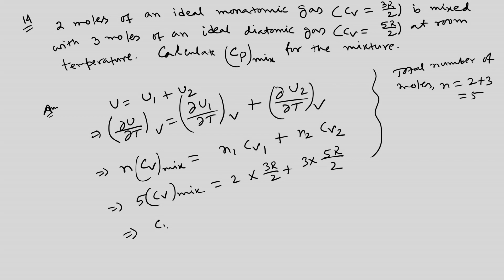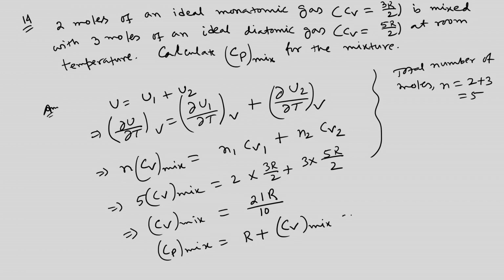So, we get Cv mix as 21R by 10. Okay. And we need to calculate Cp mix. Cp mix is R plus Cv mix. So, we get R plus 21R by 10, so we get 31R by 10. It's an extremely easy problem. We will solve another interesting problem, a conceptual problem.